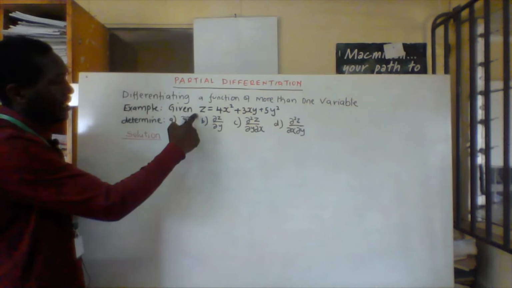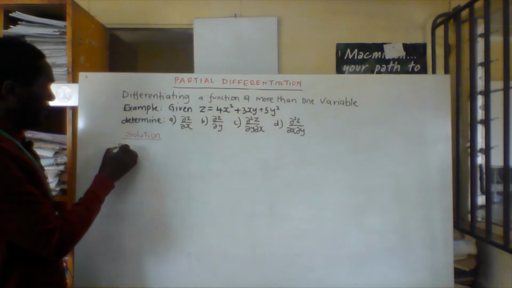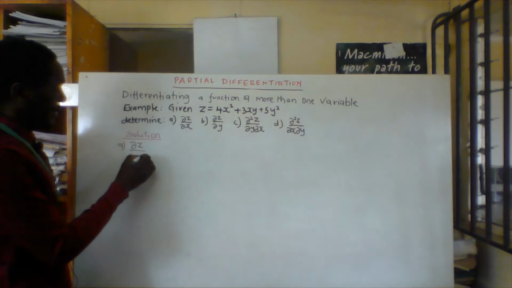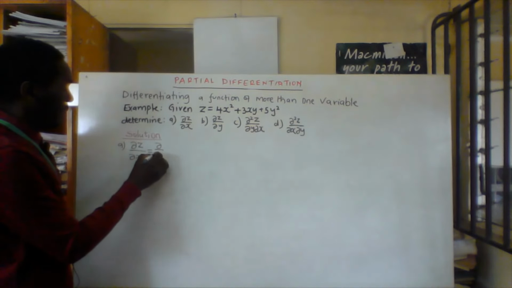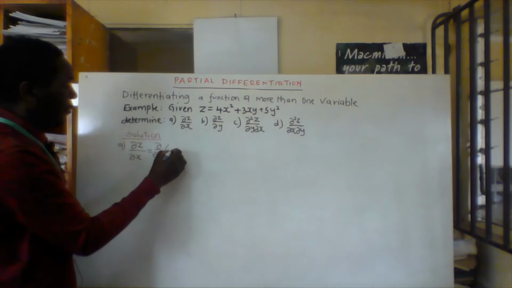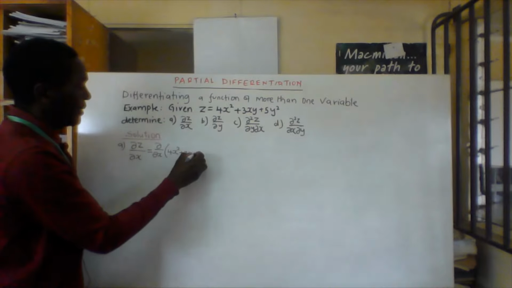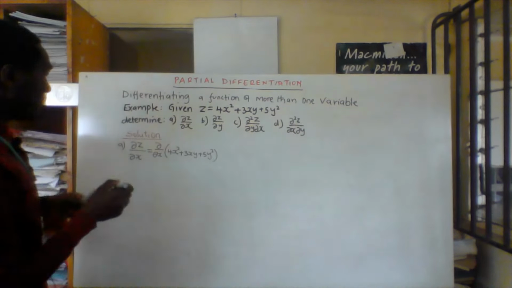Because we have z as a function of x and y, we get part A. The solution is the partial derivative of z with respect to x, which is equal to the partial derivative with respect to x of z. We substitute 4x squared plus 3xy plus 5y squared.